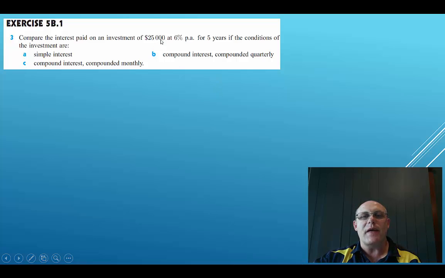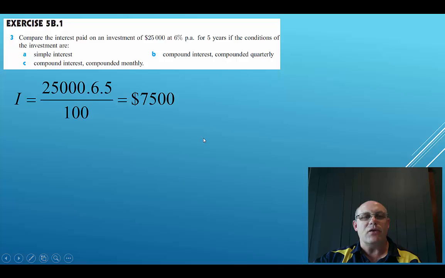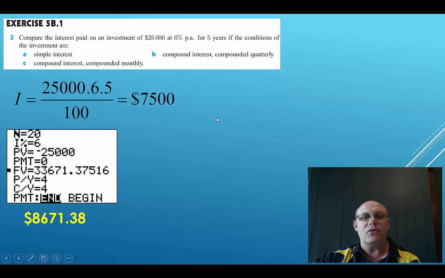You're going to put 25,000 into an account that pays 6% per annum for 5 years. If we did it with simple interest, that's what it works out: 25,000 principal, the rate of interest is 6, and it's for 5 years. That gives you $7,500. Now if we go to compound interest, then that's what it works out to be.